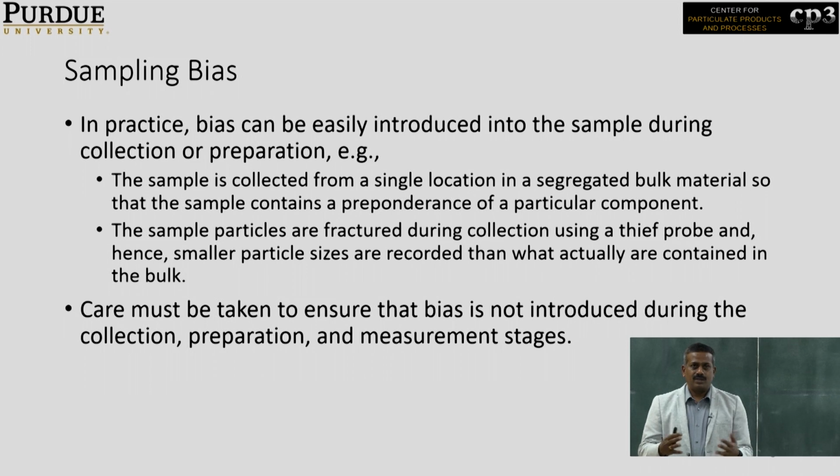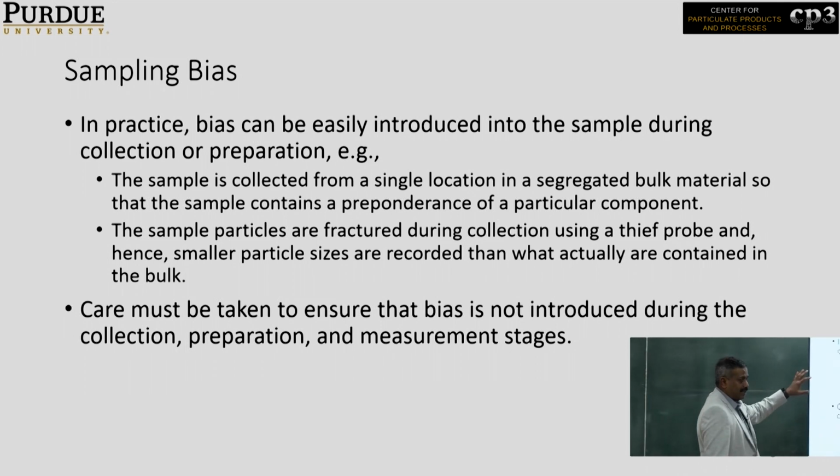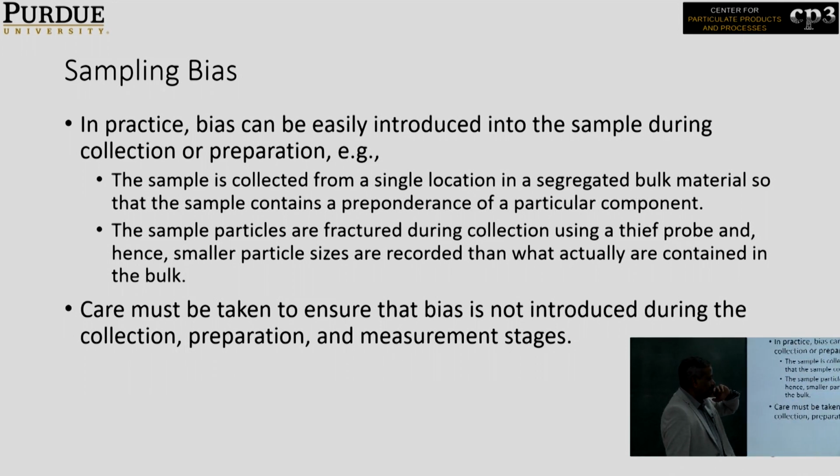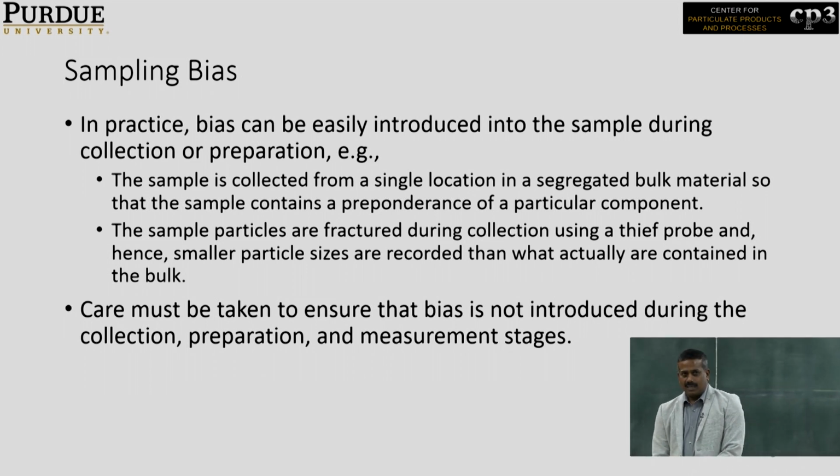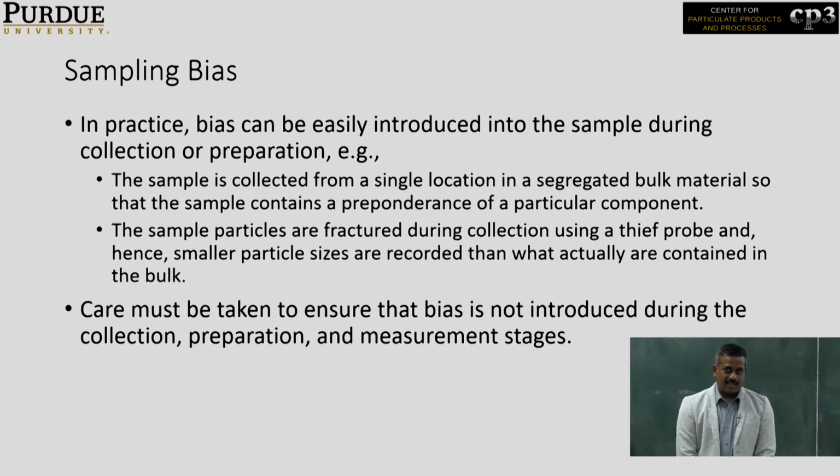That will also introduce bias in the measurements. So again, sampling is a very challenging process. We'll have to take extra care that we are not introducing any bias during sampling that affects your property measurement or property characteristics.